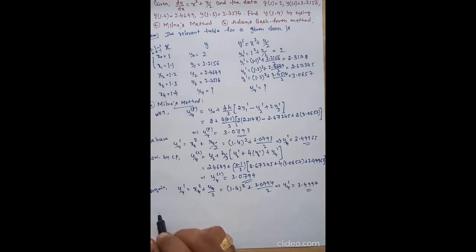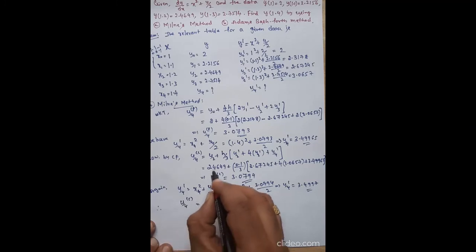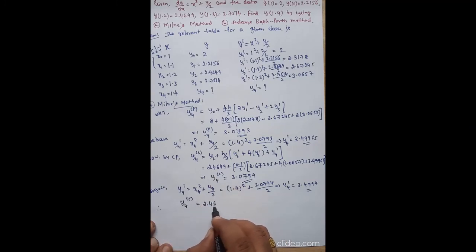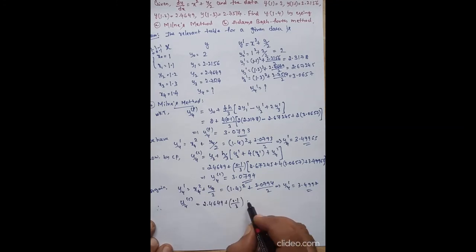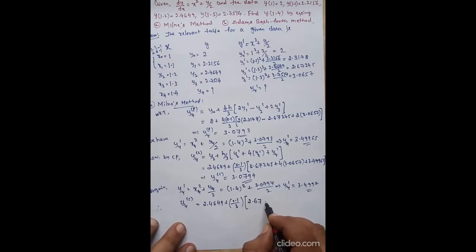Therefore y4 power c equals, I'll repeat now, 2.4649 plus 0.1 divided by 3 into 2.67245 plus 4 into 3.0657 plus, write this value, 3.4997.